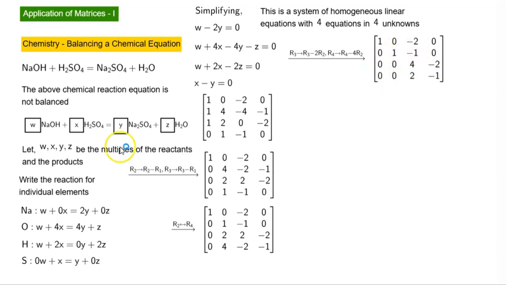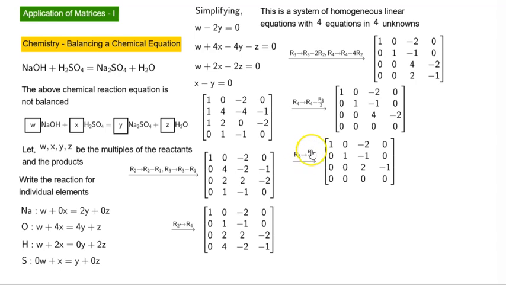We get this. And R4 replaced with R4 minus R3 by 2. So the last row becomes 0. And finally, R3 replaced with R3 by 2.